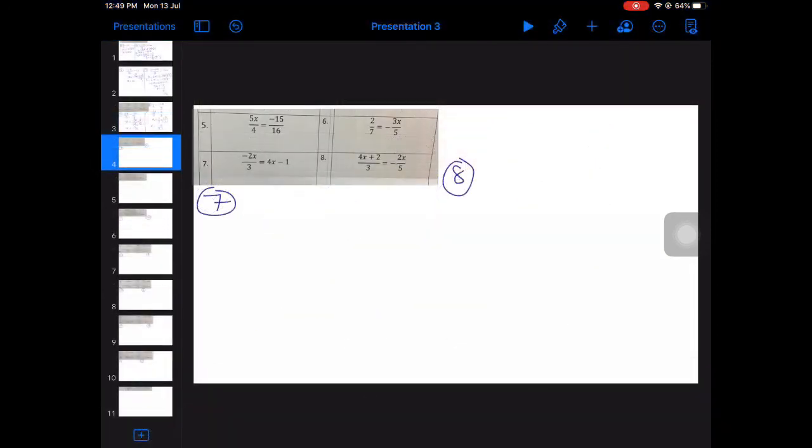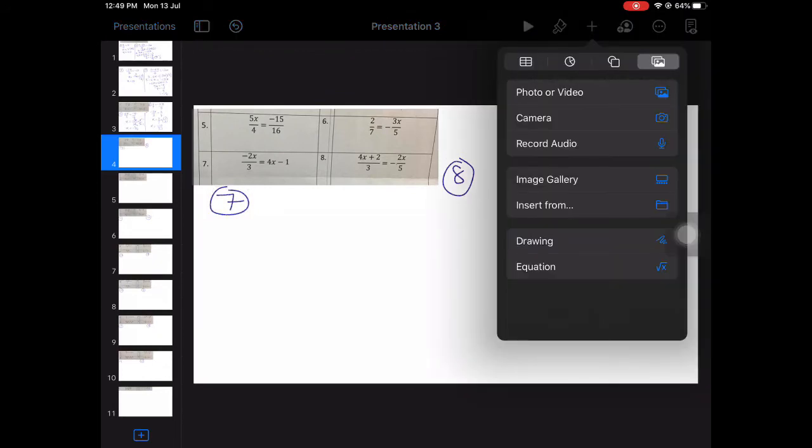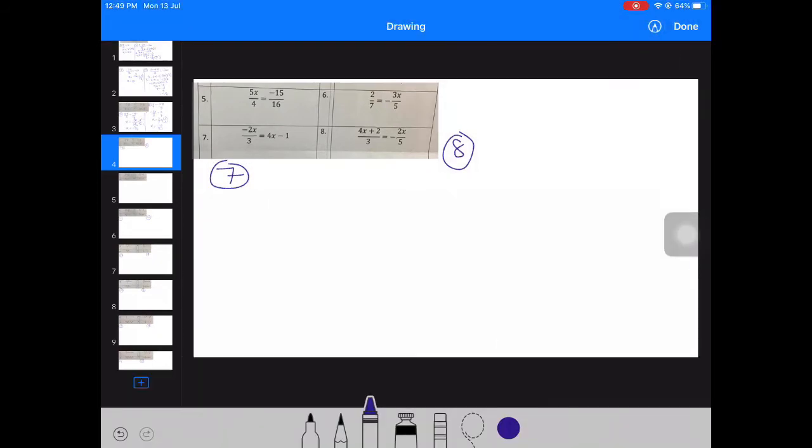Number 7, we have negative 2x over 3 equals 4x minus 1. Okay, there are more than one way to do this. Maybe I can show you 2 ways.